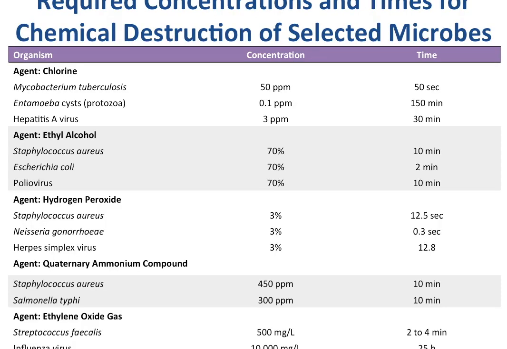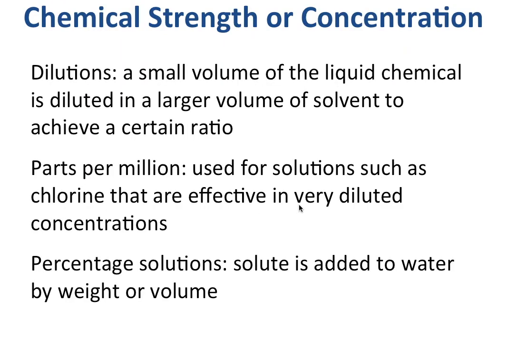These are the agents, such as chlorine, acid, alcohol, hydrogen peroxide. They can treat all these microorganisms. We can prepare different solutions, different concentrations of those agents. When we prepare different concentrations, we need to dilute those agents.